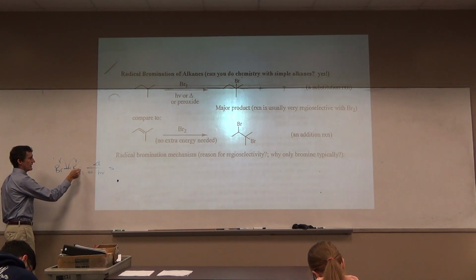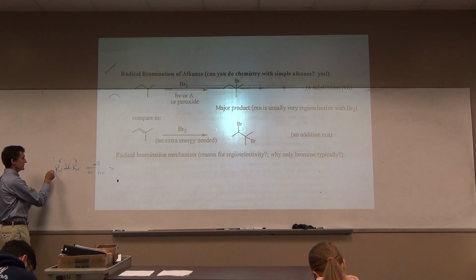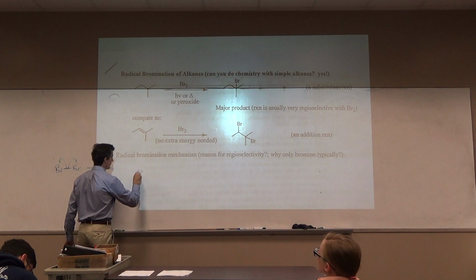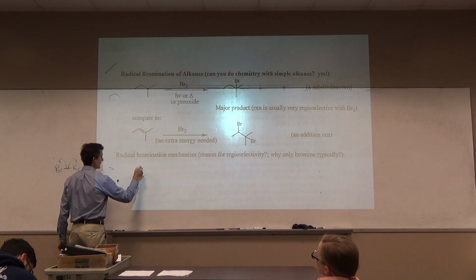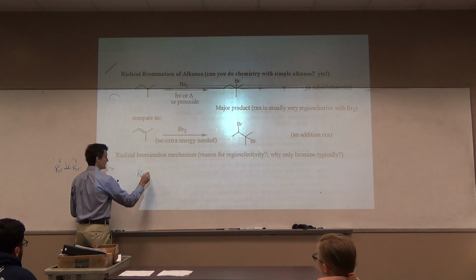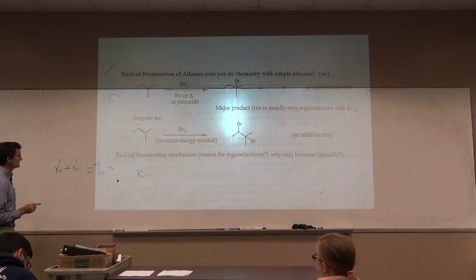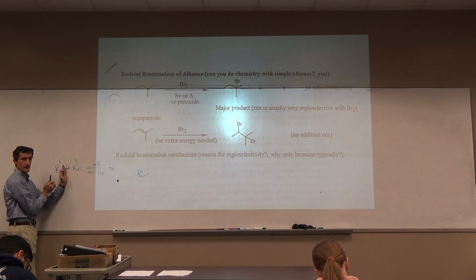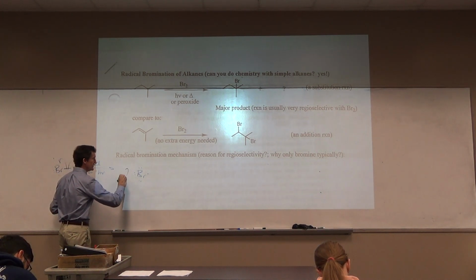Okay? So there's 3 lone pairs. What does this give? It's now going to give a bromine with 3 lone pairs. But what else is here? Just 1 electron. And then what do we produce on the other side? Same thing. So can I just say 2 of those?